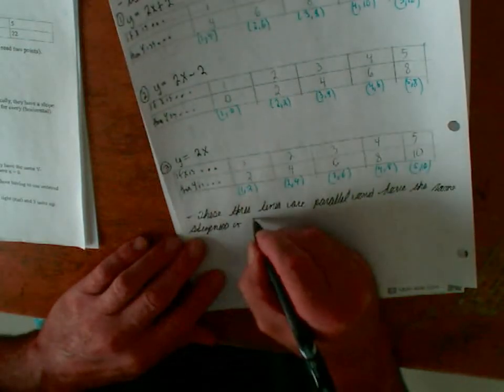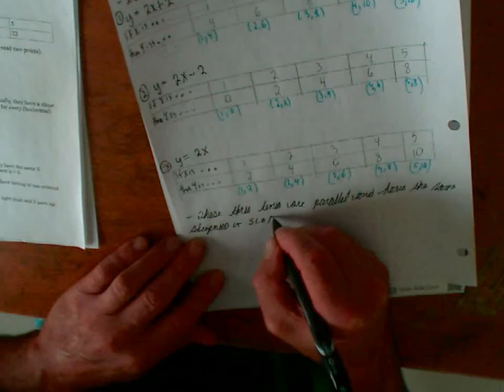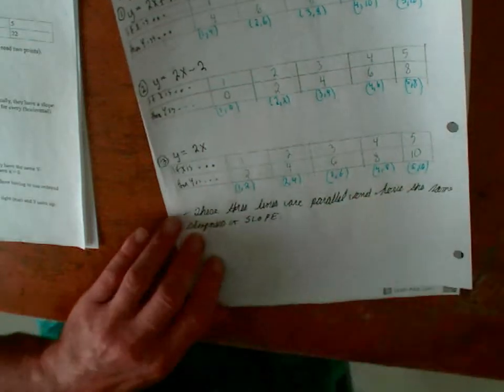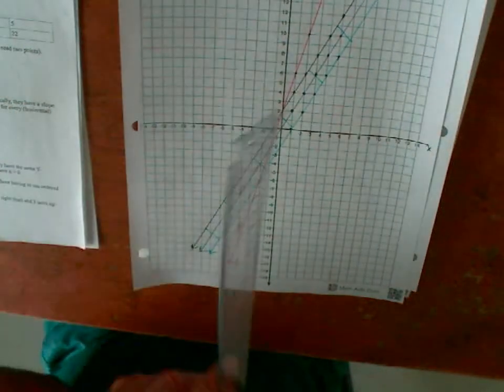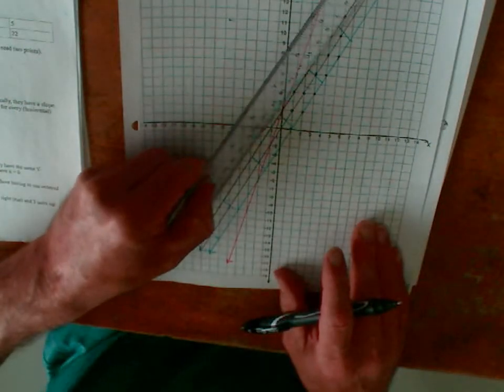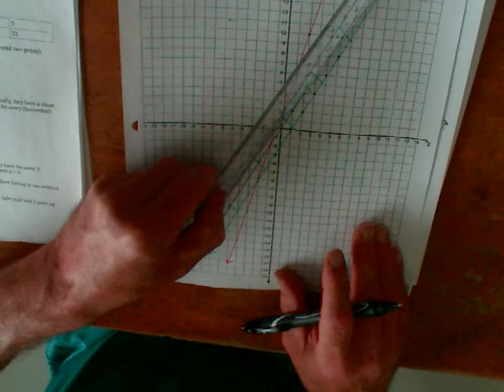And the proper word for that is slope. This idea of slope is super important. So these three lines have the exact same steepness, right?